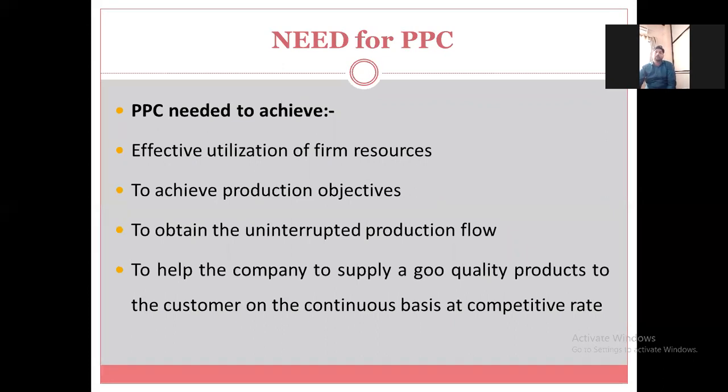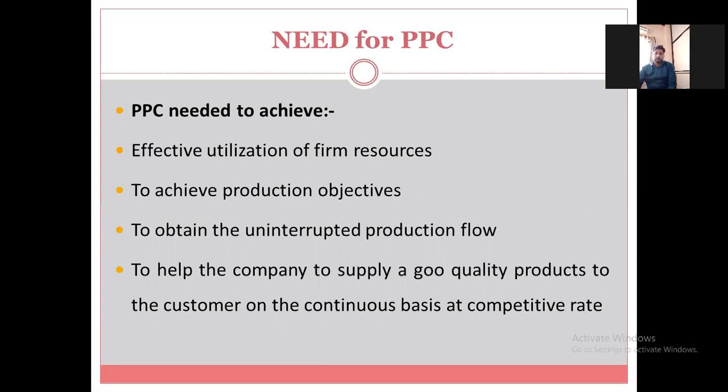If you save the raw material, then that much raw material can be used to produce a second product, and your raw material cost will be saved. If you save the machine hours, then you save electricity, and that is converted into money.